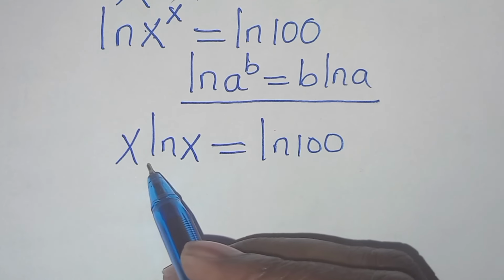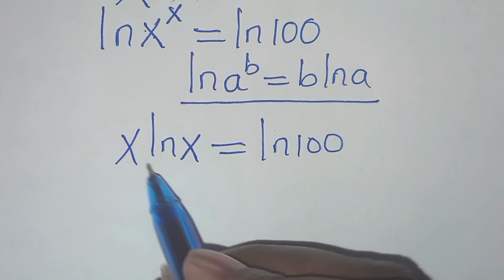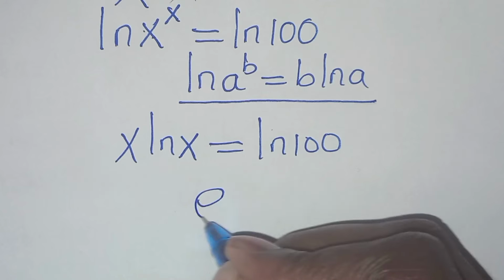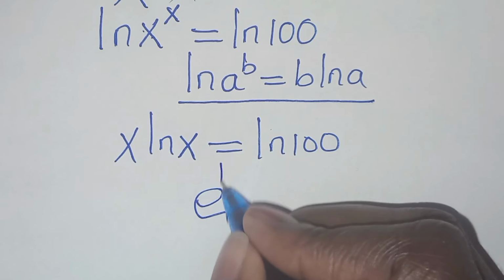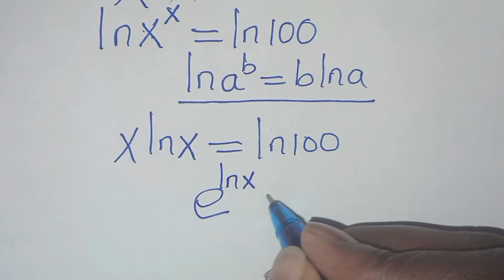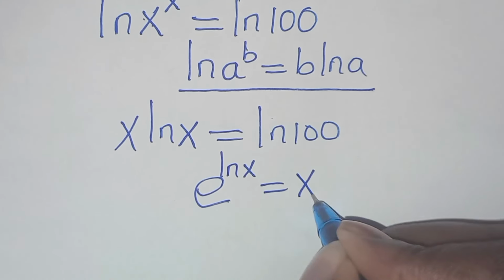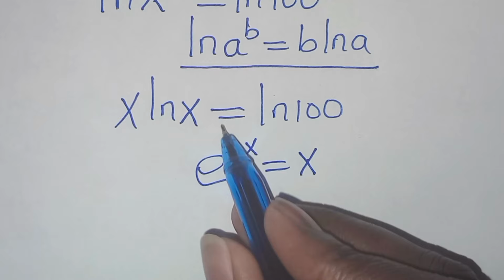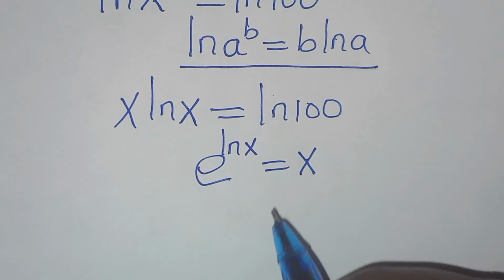The next step from here, we can introduce the exponent property so that exponent e to the power of natural log of x is the same thing as x. So we can express x as exponent e to the power of ln of x.